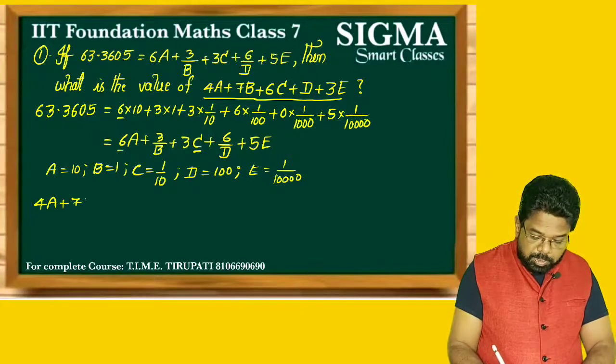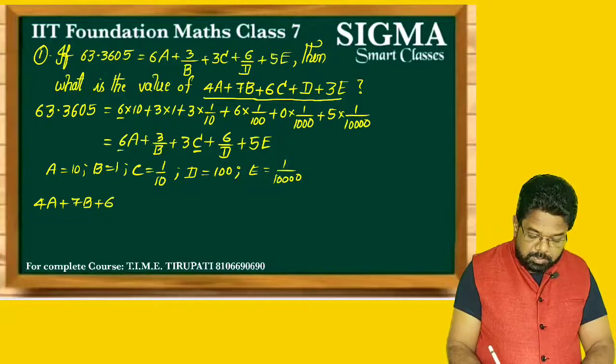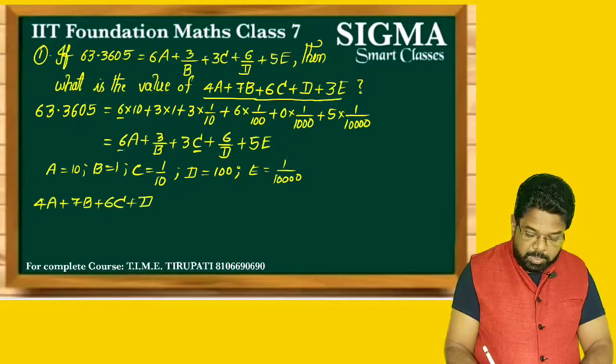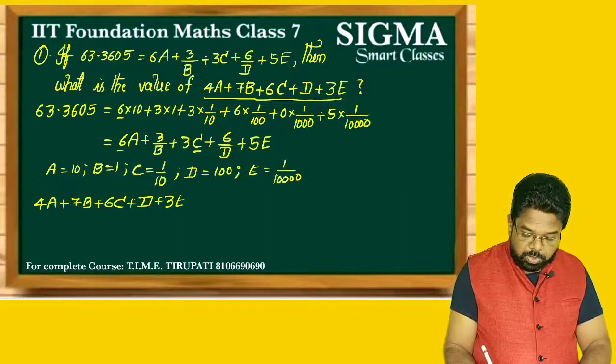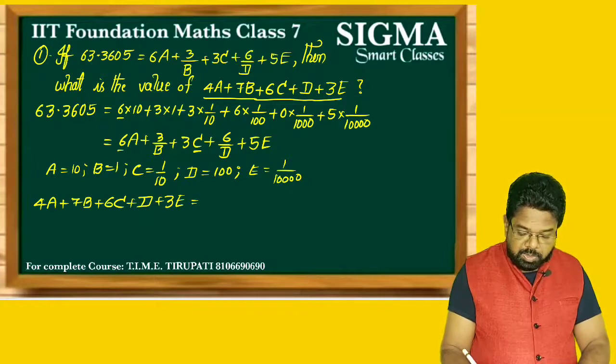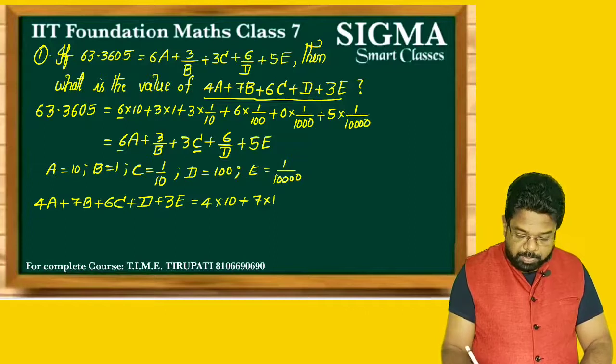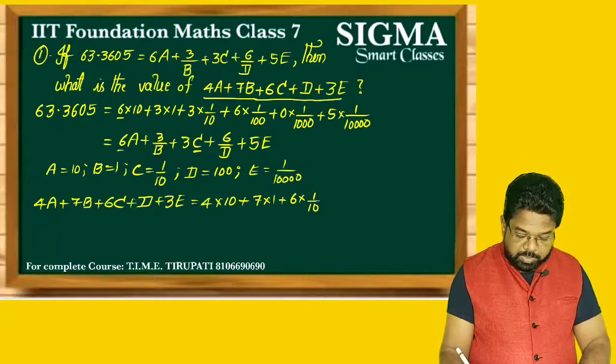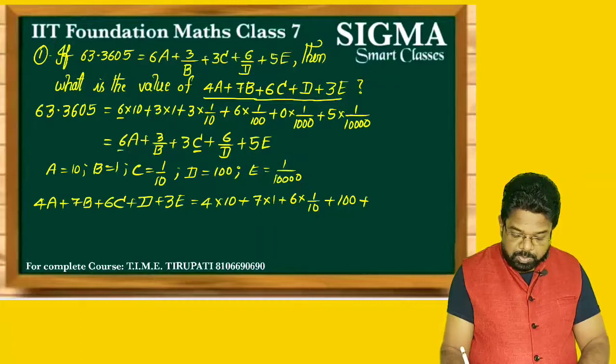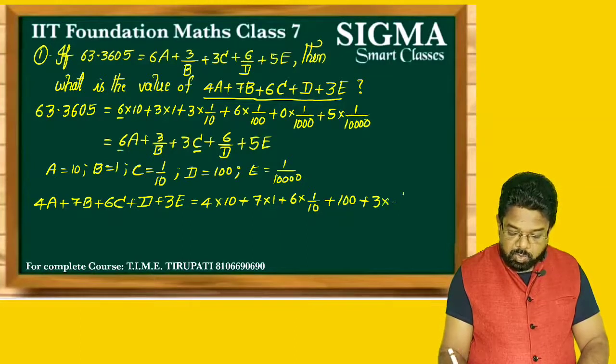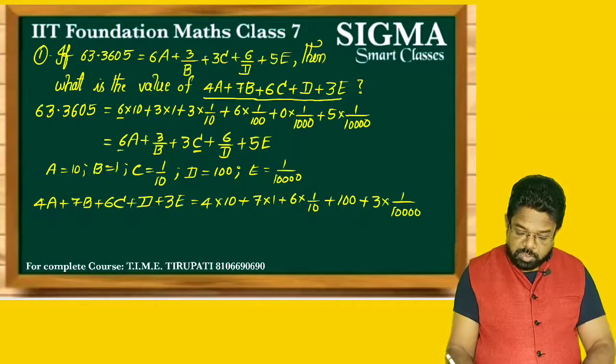Now in place of a, b, c, d, e, you have to substitute the values. 4 into 10 plus 7 into 1, plus 6 into 1 by 10, plus 100, plus 3 into 1 by 10,000. Okay, this you have to simplify now.